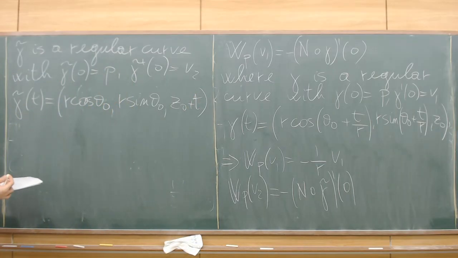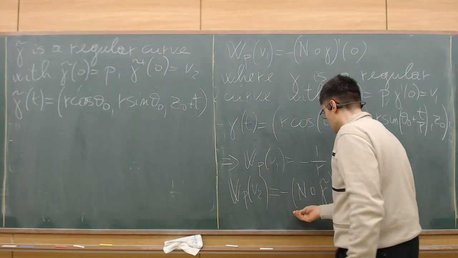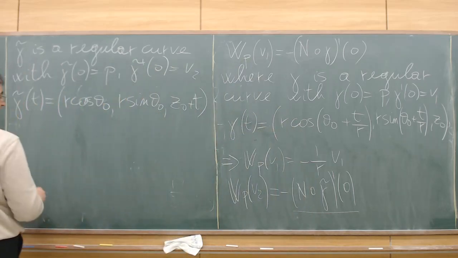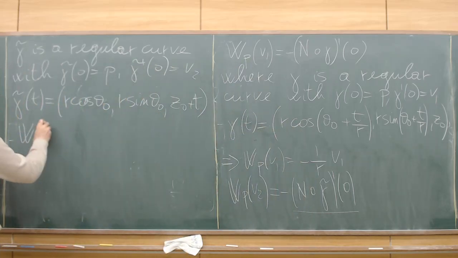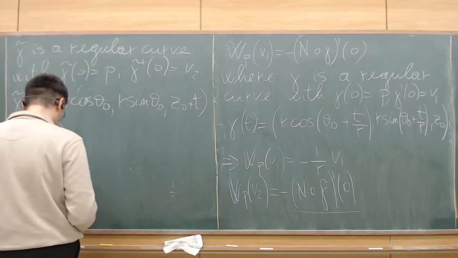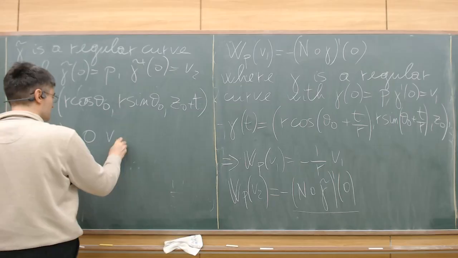And if you make this computation, you will find that W_p(v2) is equal to 0 times v2.